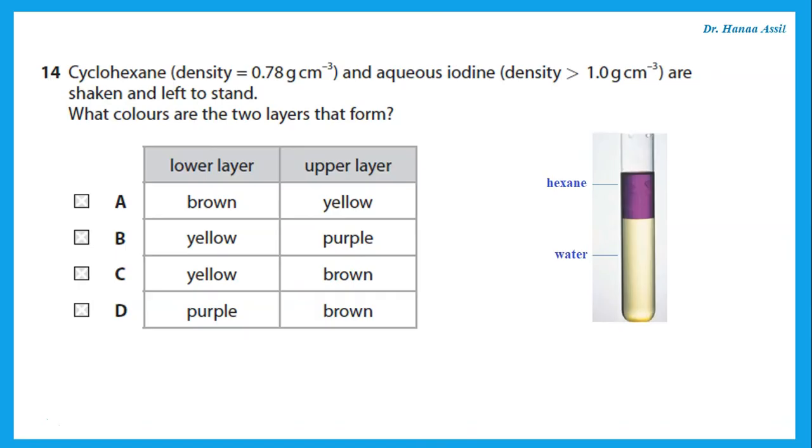The aqueous iodine originally is yellow. Now, which one is the lower layer and which one is the upper layer? Remember that if we say that density of cyclohexane is less than 1, that means cyclohexane will float on the water. So that means the lower layer will be the yellow one and the upper layer is purple.